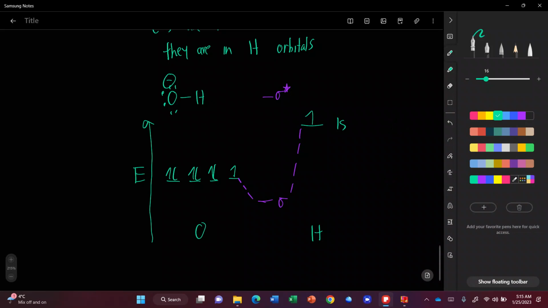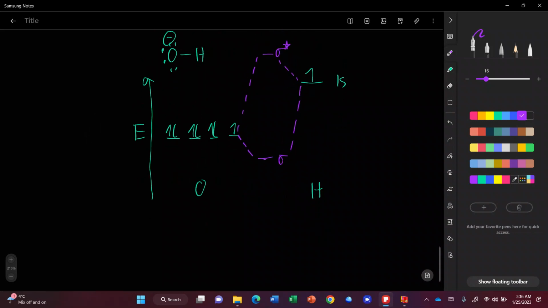But now, I'm actually going to redraw what the sigma and the sigma star look like. So hopefully what you can see here is that the sigma orbital is closer to the oxygen orbital, so it's closer to the oxygen than it is to the hydrogen, okay?